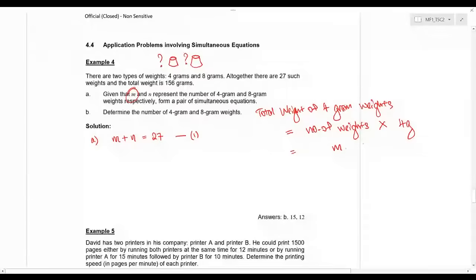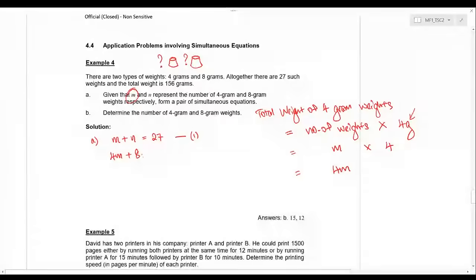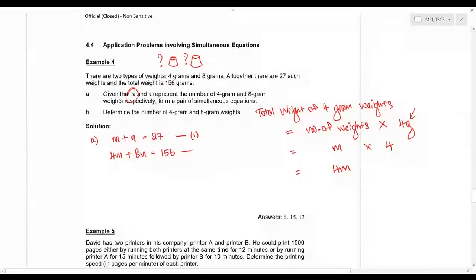So this is M itself multiplied by 4, or I'll leave the units out, so it's 4 times M. That's why we have 4M. In the same logic, I will also have 8 times N, and the total will be 156 grams. And that formulates my second equation.